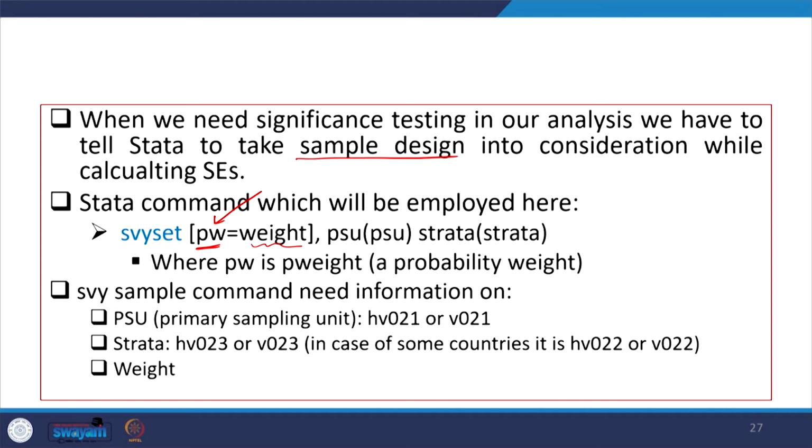The SVY set command needs information such as the PSU, the primary sampling unit in your data, whether it is V021 or B021, we are going to clarify. Strata, whether V023 or B023, and in the case of some countries V022, as per the DHS data. The weight variable is also required.